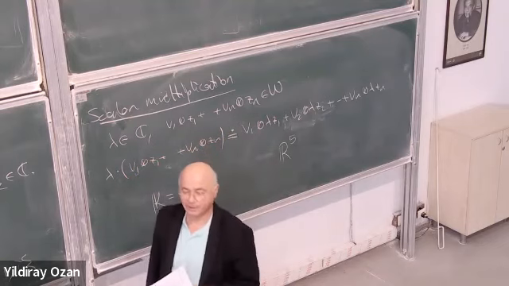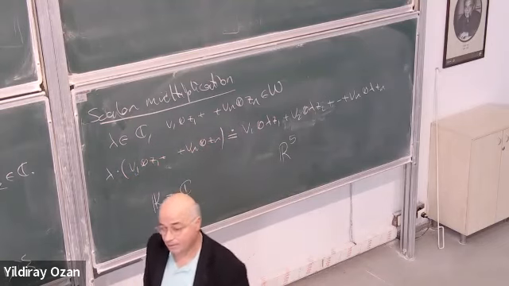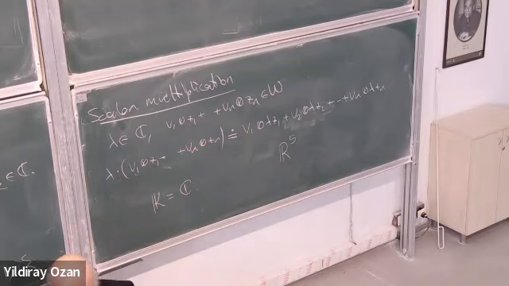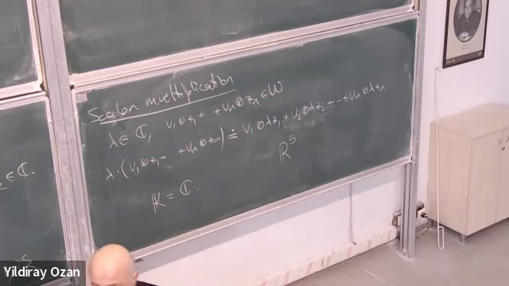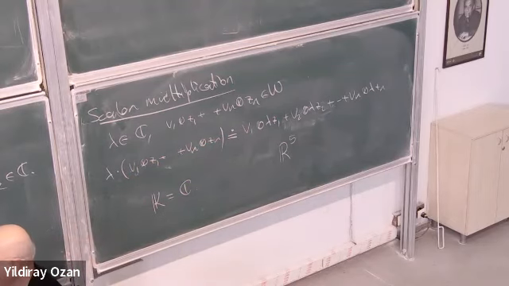You said something about a vector space in a vector space. We just said this tensor product is a vector space over R. But can we say that this is also a vector space over complex numbers?